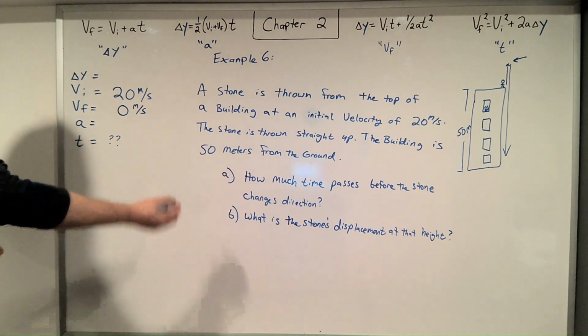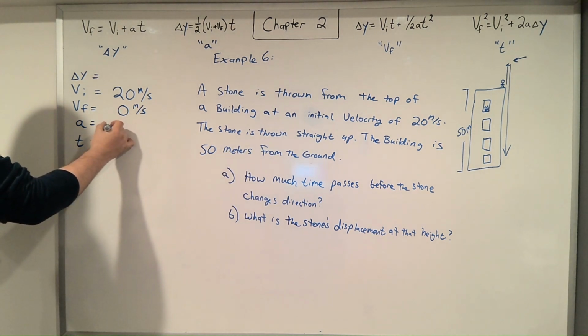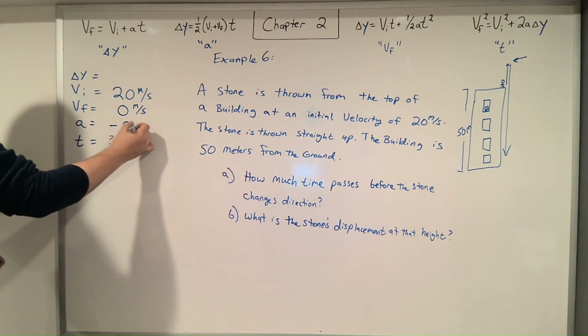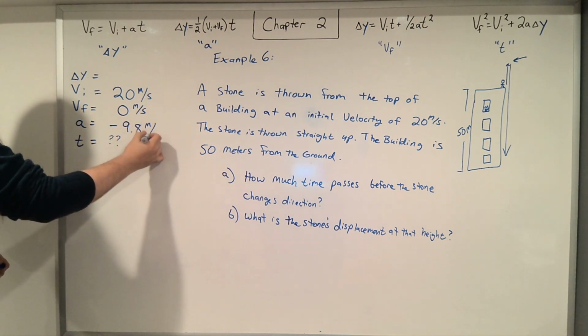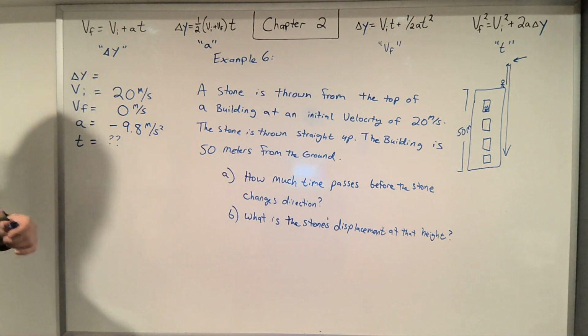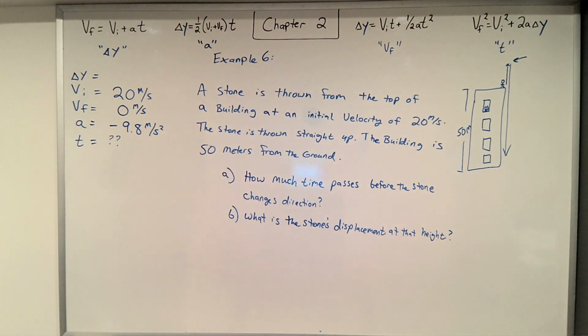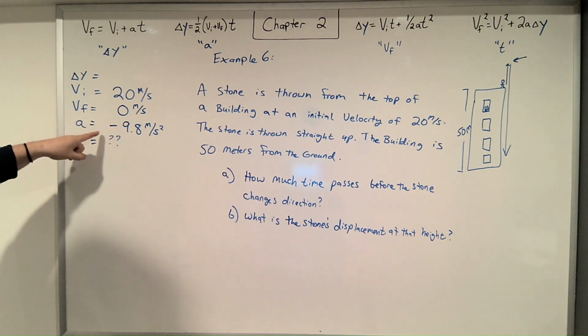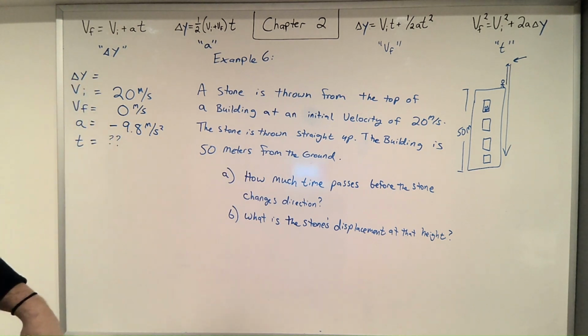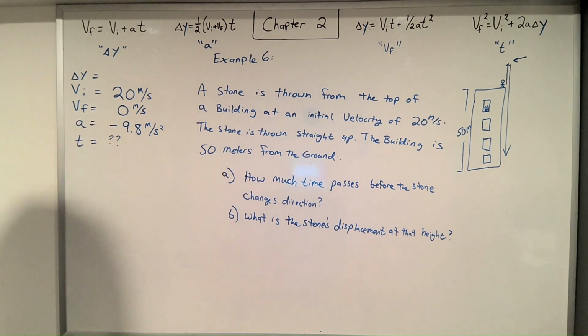Gravity is what is going to pull that stone downward, with a magnitude of 9.8 meters per second squared. So the negative dictates the direction. Everything gets pulled down according to gravity, so the downward pull will give it a downward acceleration in the negative direction. Cool, so now here's my 3 things.